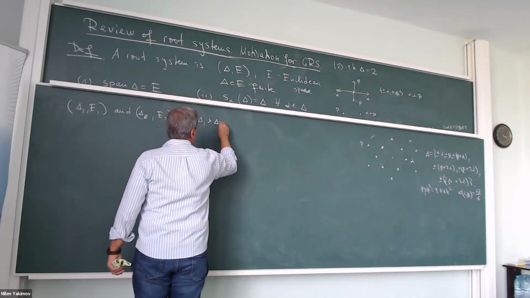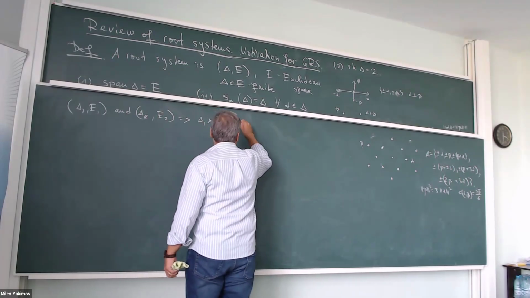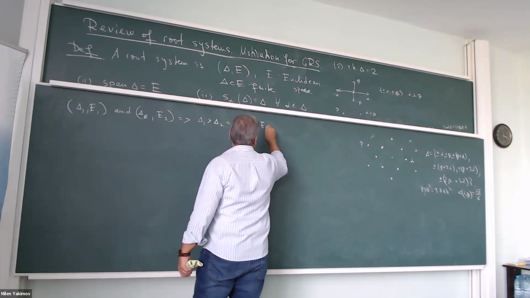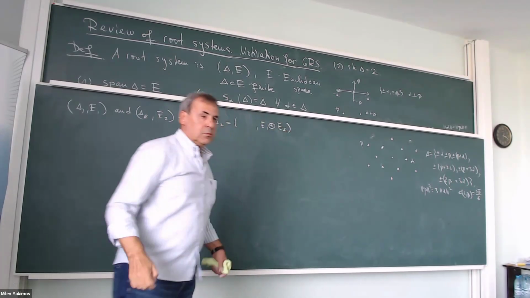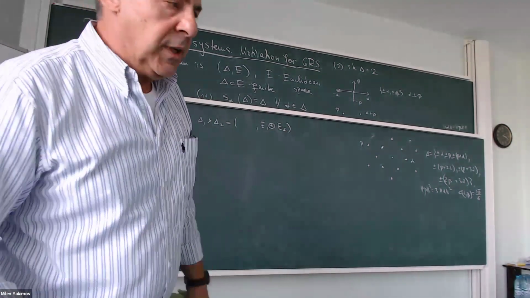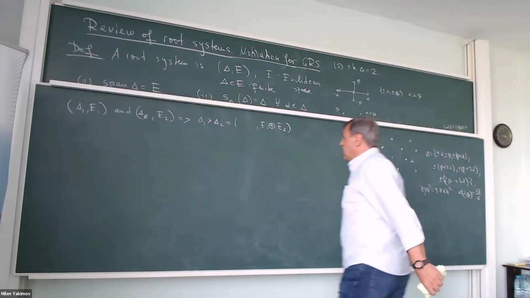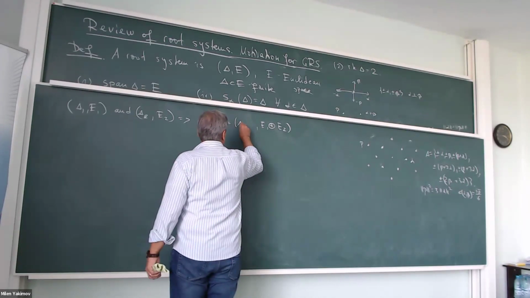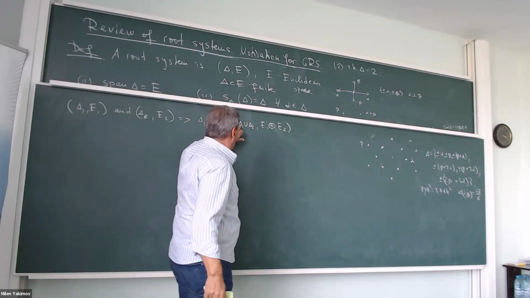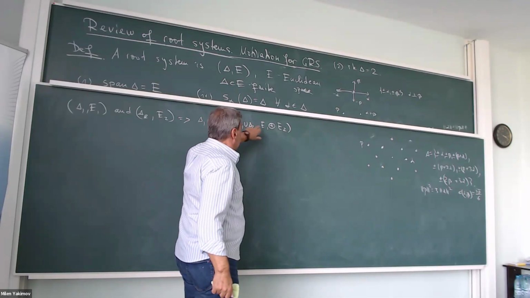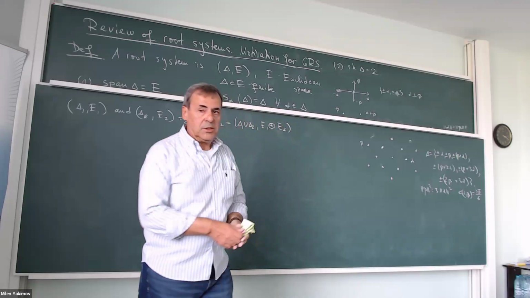Usually we denote it by delta 1 times delta 2, but formally this sits in the direct sum, the orthogonal direct sum of E1 and E2. These are both Euclidean spaces, so I can take the sum and get another Euclidean space, and inside of it take just the union of delta 1 and delta 2, meaning that delta 1 sits in E1, which naturally is embedded here, and delta 2 sits in E2, which is naturally embedded here.